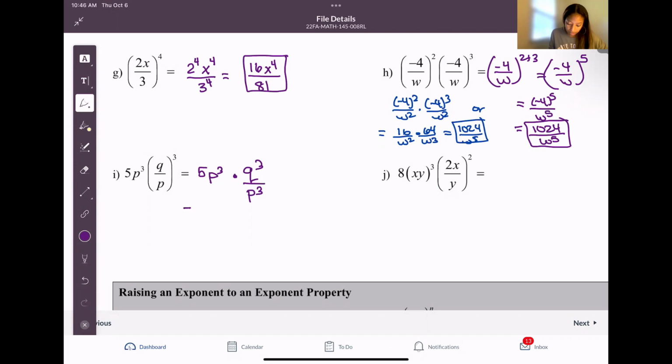But just to be clear so that we can all see that, we can write this as one big fraction where we multiply 5, well, think about the 5p cubed as a 5 over 1. So we have 5p cubed, q cubed over p cubed. Those p cubes cancel each other out. So we're just left with 5q cubed.